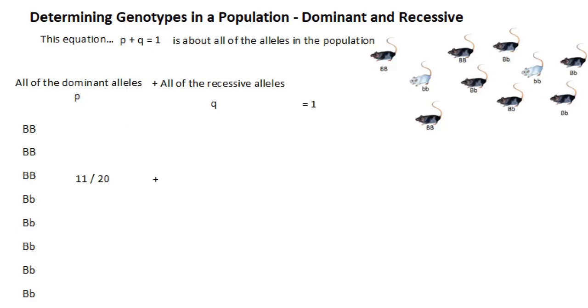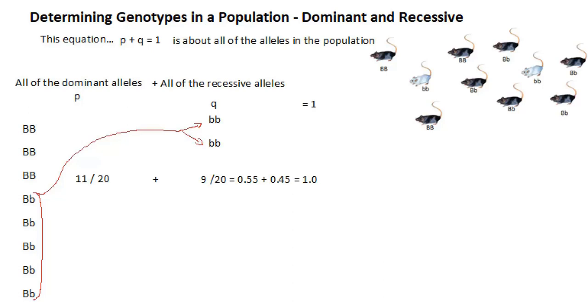Now let's count up all the recessive alleles. We've got the 2 white mice, that's 4 recessive alleles here. But then we have these other recessive alleles from the heterozygous individuals. We have another 5 here for 9 out of 20 recessive alleles. Now 11 out of 20 is 0.55, plus 9 out of 20, which is 0.45.